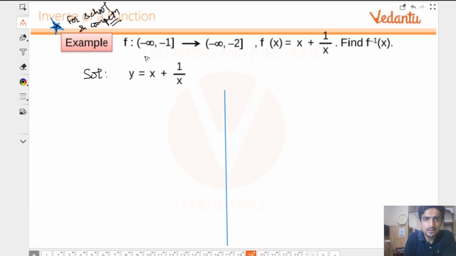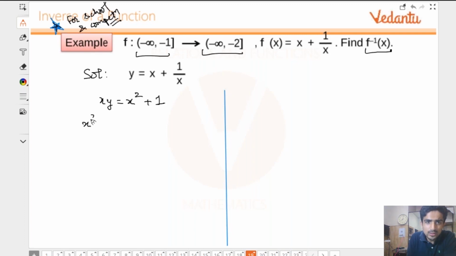We are given f, that this is domain, this is codomain, and we need to find f inverse. Okay, so I need to express x in terms of y. For that, I will make a quadratic first of all. It will become xy equal to x square plus 1.